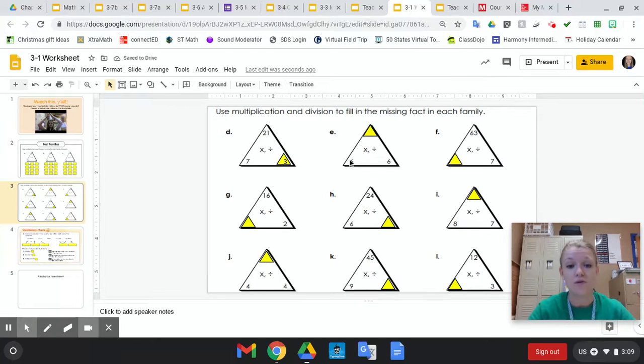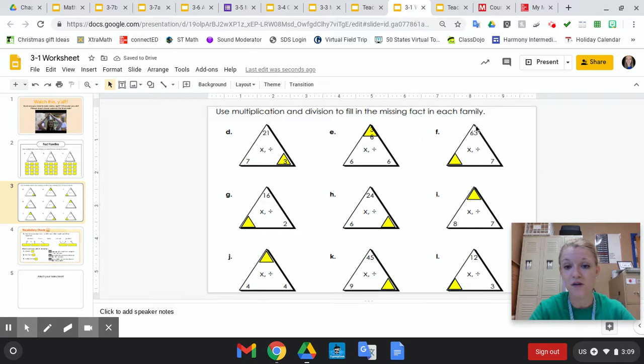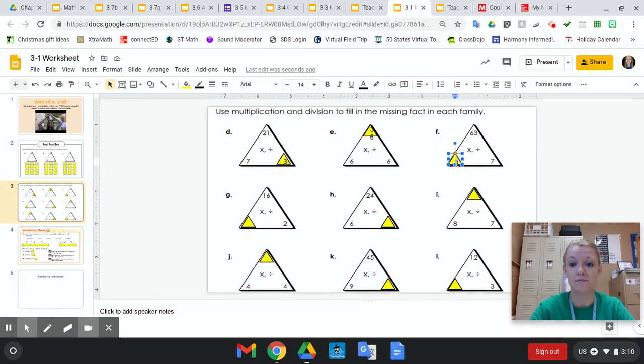We could do 6 times 6 equals 36. We could do 63 divided by 7 equals 9. So we have to think using our knowledge of fact families and the fact that a larger number is either the answer to a multiplication or the dividend to a division problem, we can then find our missing parts to our fact families.